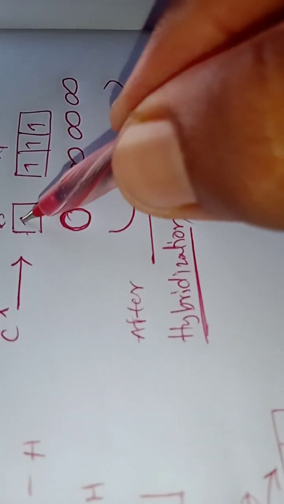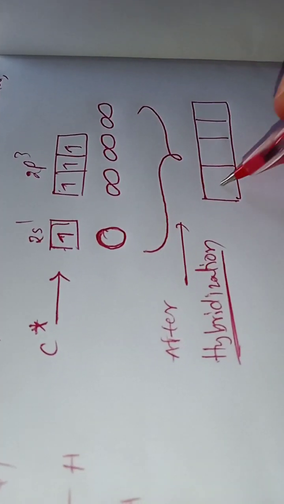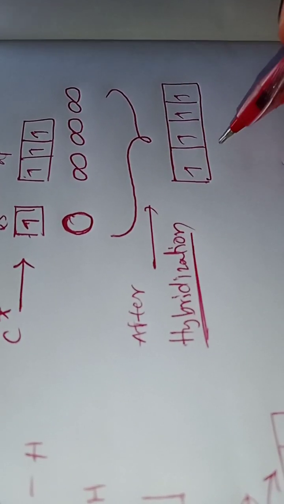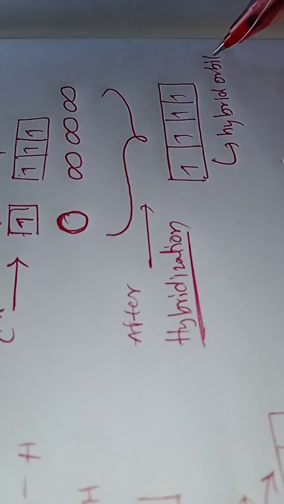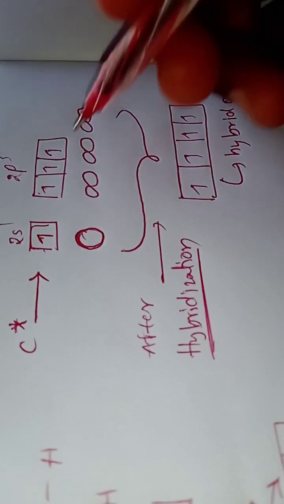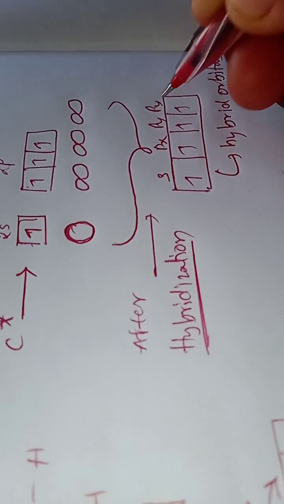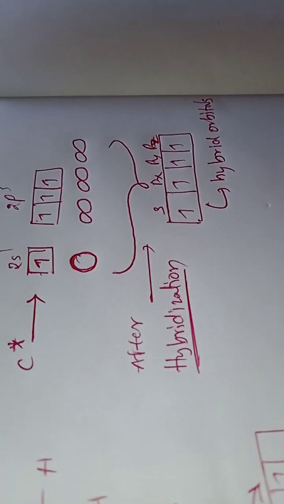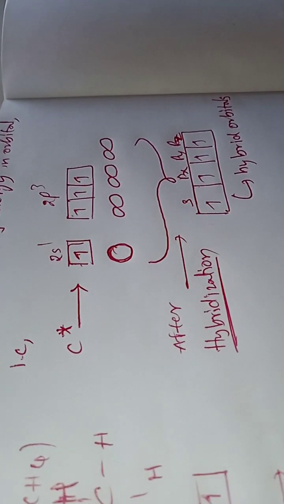Before, the s orbital has one energy and the p orbital another. After hybridization, all these are hybrid orbitals, whereas these are atomic orbitals. Before hybridization it is s, px, py and pz; after it, these four orbitals have the same energy. This happens due to redistribution of energies in the orbitals by hybridization.